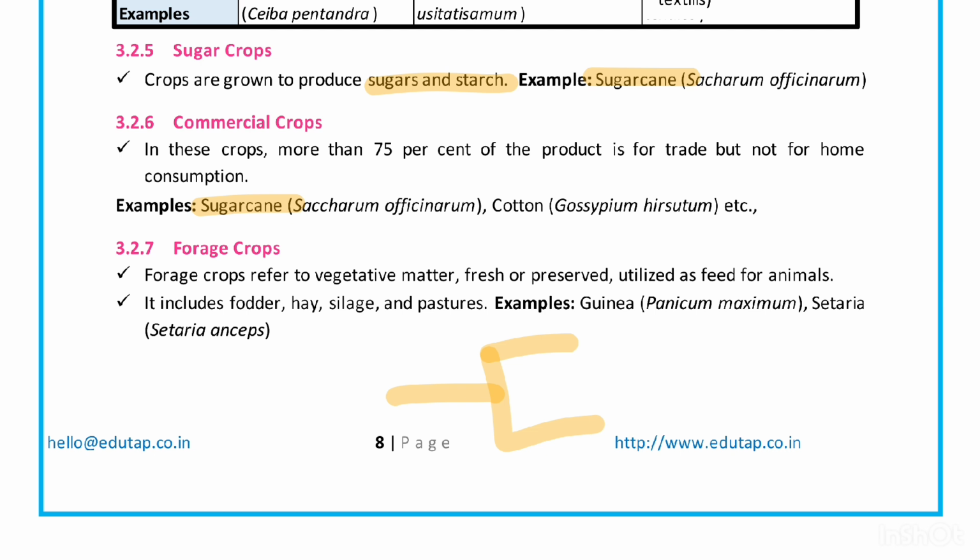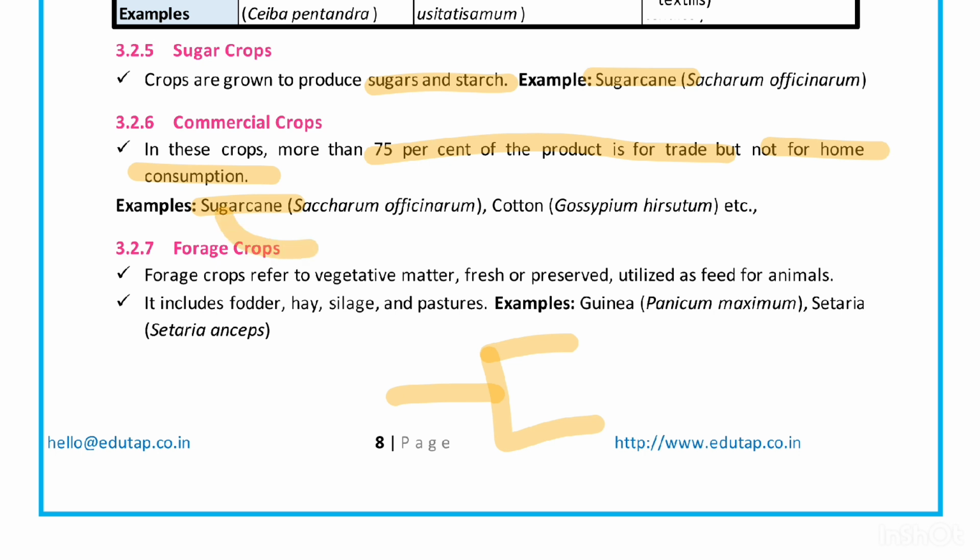That is the meaning of commercial crops. These crops have about 75 percent of the product for trade and not for home consumption.